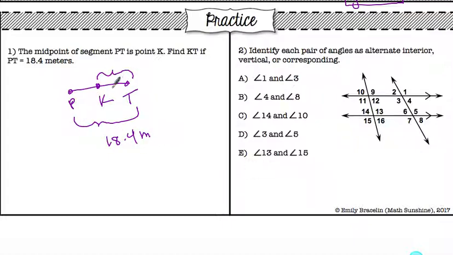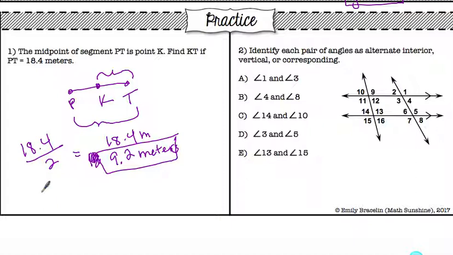Well, KT is half of PT, so you just need to take 18.4 and divide it by 2, and you'll end up with 9.2 meters. Okay, so that means that KT equals 9.2 meters.